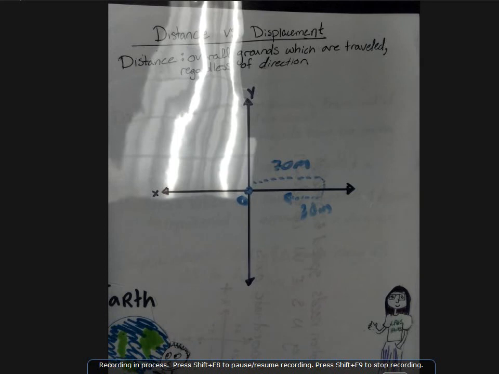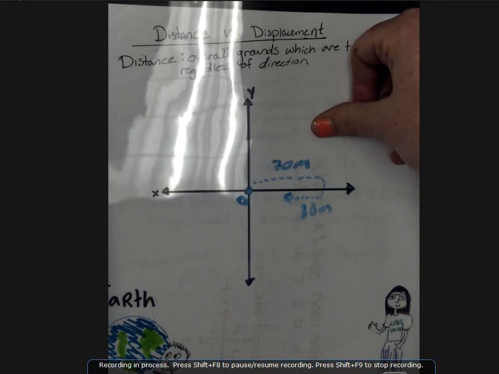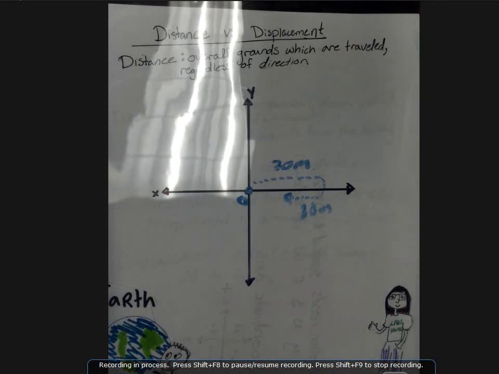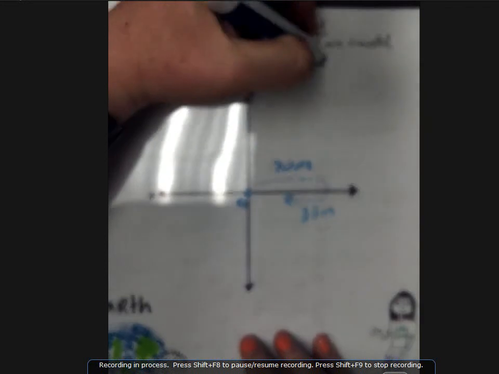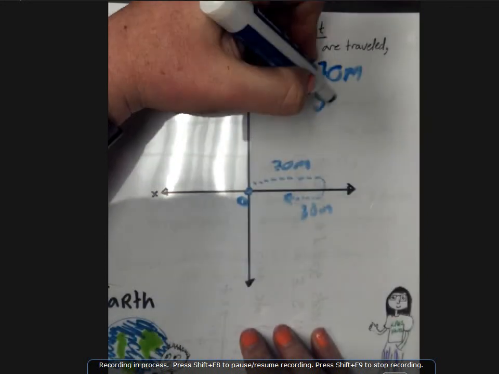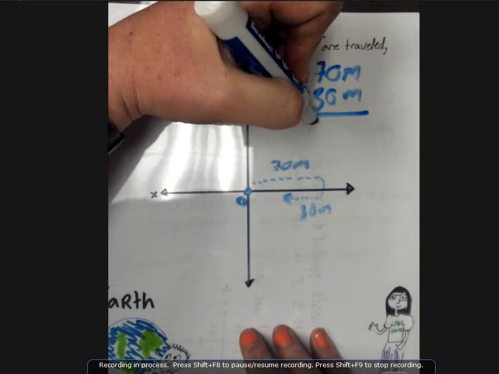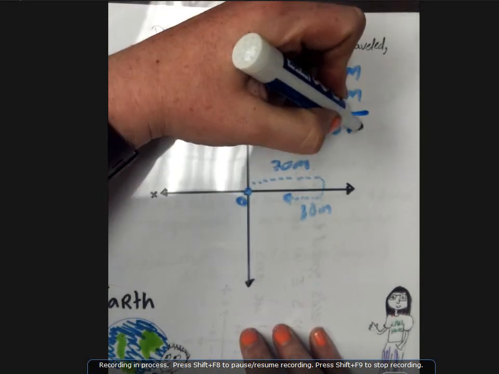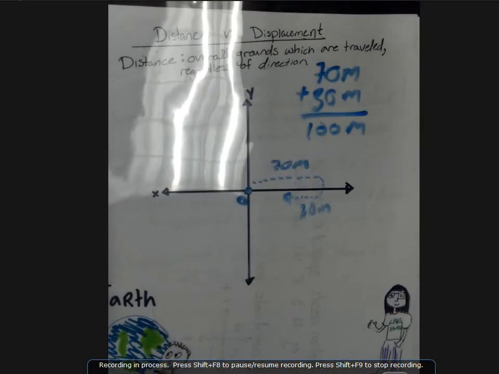Well, it doesn't matter the direction, so the total distance would be the 70 meters that you traveled one way and the 30 meters that you traveled the other way. So your total distance would be the 70 meters plus the 30 meters, to give you a total of 100 meters traveled. That's your distance. It's regardless of direction.